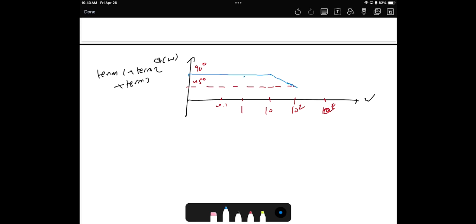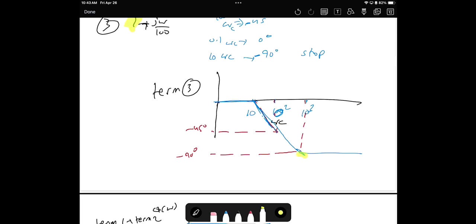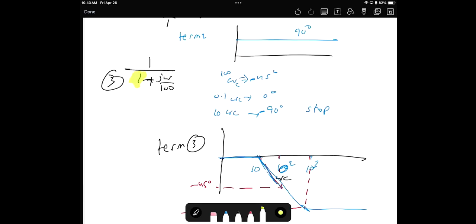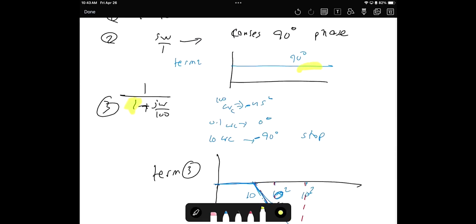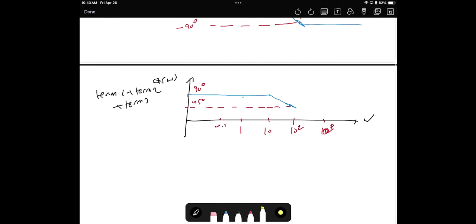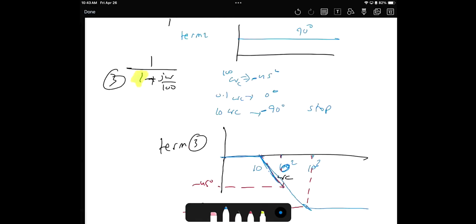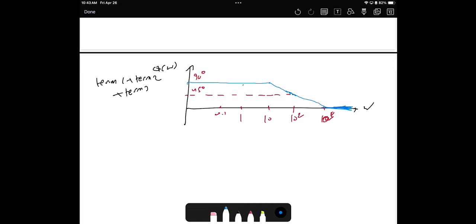Okay? Then how about at 10 power 3? At 10 power 3, this reaches negative 90. And here we have positive 90, negative 90, and positive 90. So after 10 power 3 it will be 0 because negative 90 plus 90 will make it 0. Then this is the first point. Okay. Does this make sense?